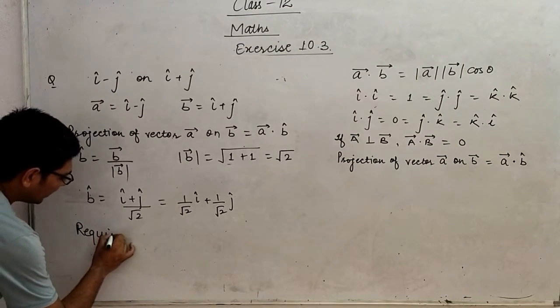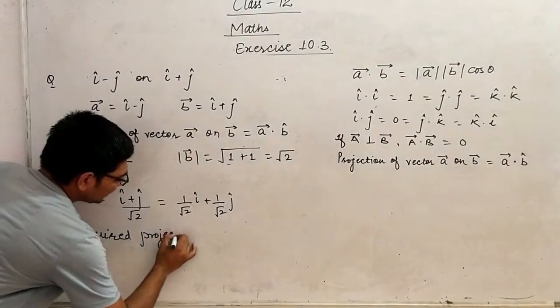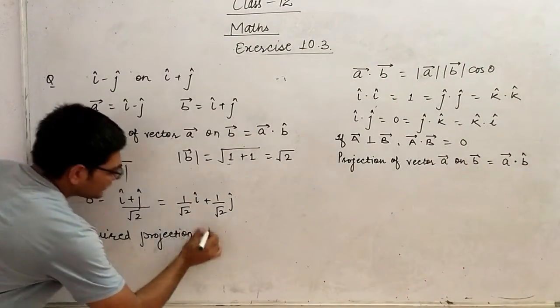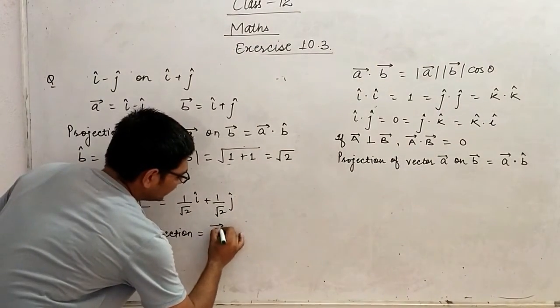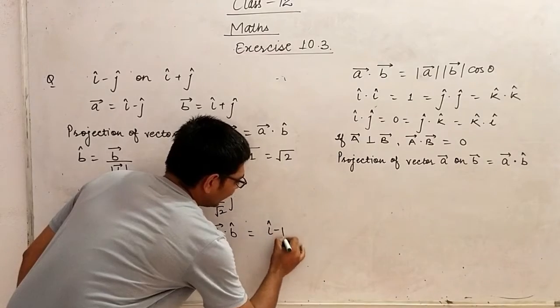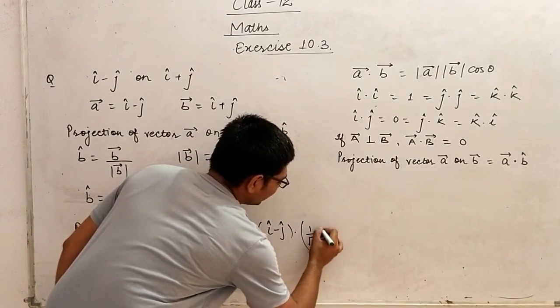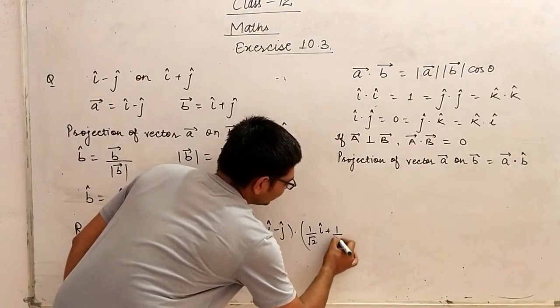I hope that you are able to see this line. Required projection is equal to A vector dot B cap, and A vector is i cap minus j cap, dot product with 1 by root 2 i cap plus 1 by root 2 j cap.